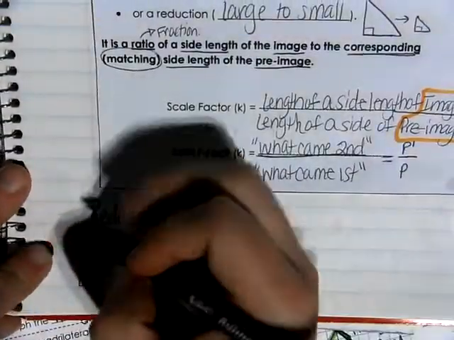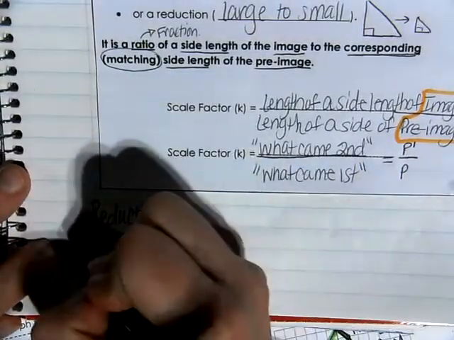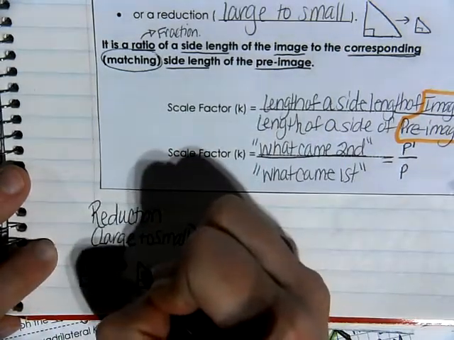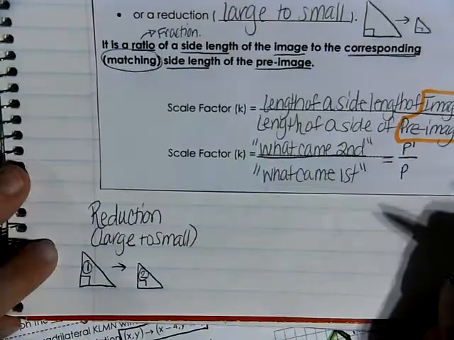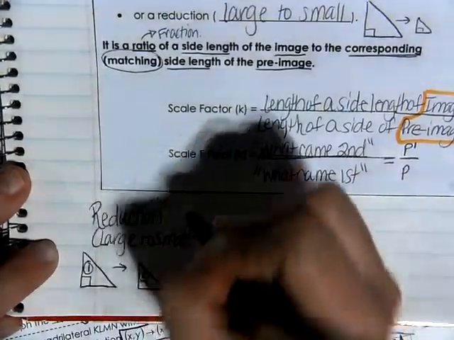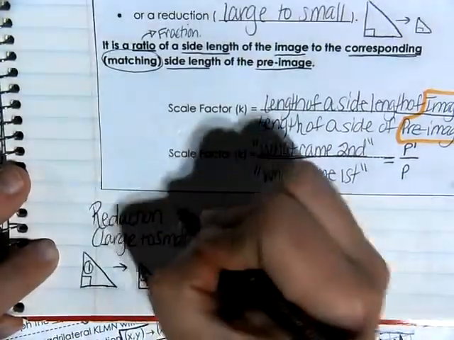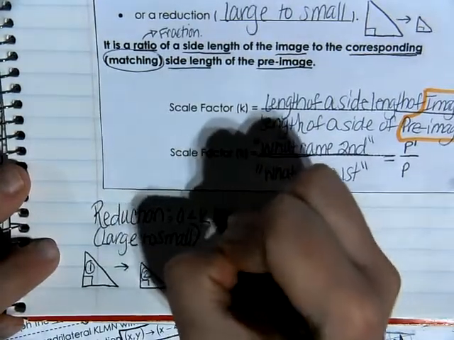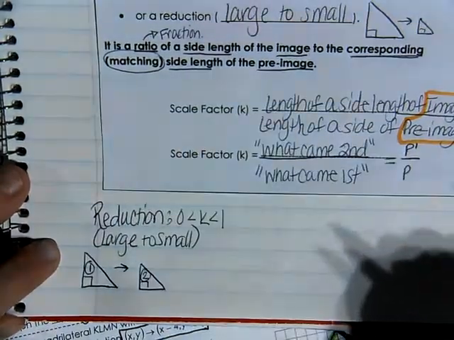You'll see that we are going to be identifying something as the image or the pre-image compared to the image. Your scale factor is going to be 0 is less than K, which is less than 1.